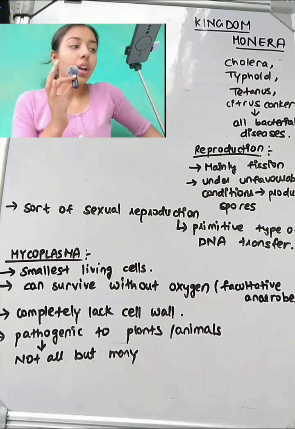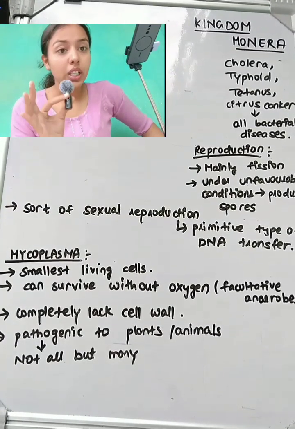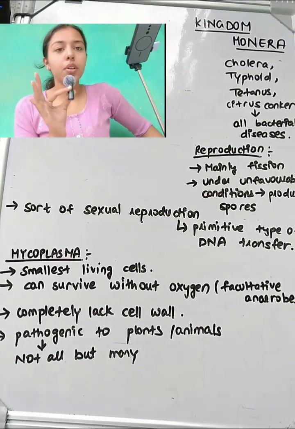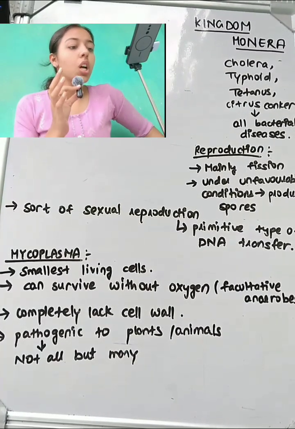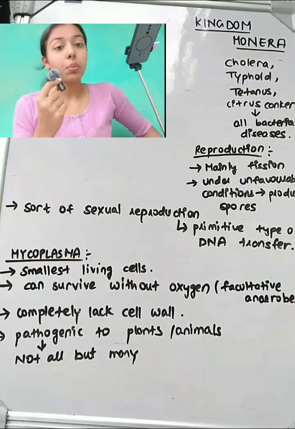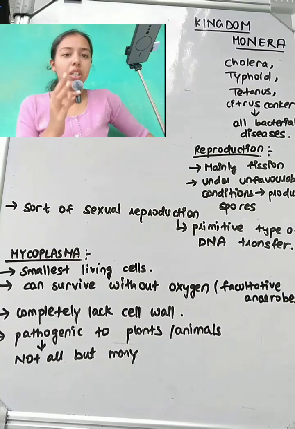Now, reproduction. Bacteria mainly reproduce by fission, like they simply divide their cell material. Under unfavorable condition, they produce spores. Remember, unfavorable condition, not favorable condition, because in statement-wise questions they may change this and ask you. They also reproduce by a sort of sexual reproduction, that is a primitive type of DNA transfer.